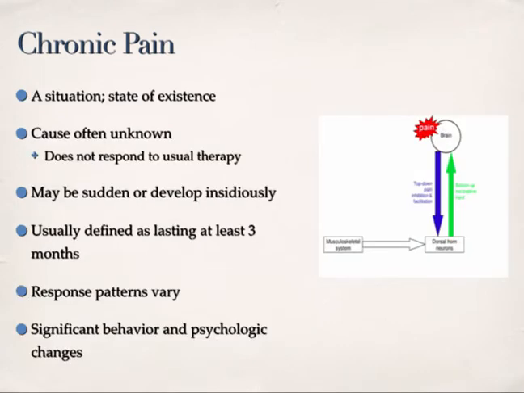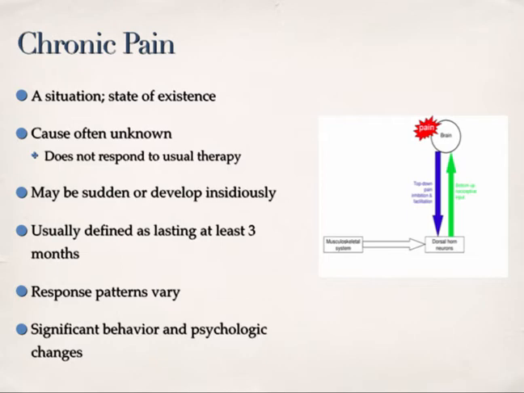Unfortunately, it becomes like a state of existence. Once again, very, very hard to treat. The cause often is actually unknown. A good example, a lot of patients will have back pain, and you were to do scans on them, like an MRI, and you may not find much, to be honest. And it doesn't mean that you can discount their pain. Usually there's obviously something going on there.